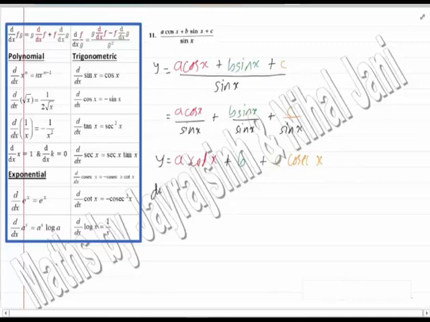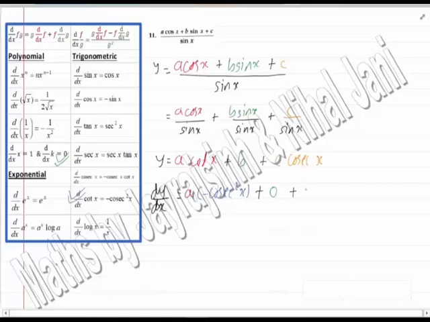Now we can easily differentiate it with respect to x, right? Okay, so in the first term, a is the constant term, and we need the differentiation of cot x. So where is the differentiation of cot x? Yes, here it is. Differentiation of cot x is minus cosec square x. Now in the second term, b is a pure constant term, and as we know, the differentiation of a pure constant is 0.